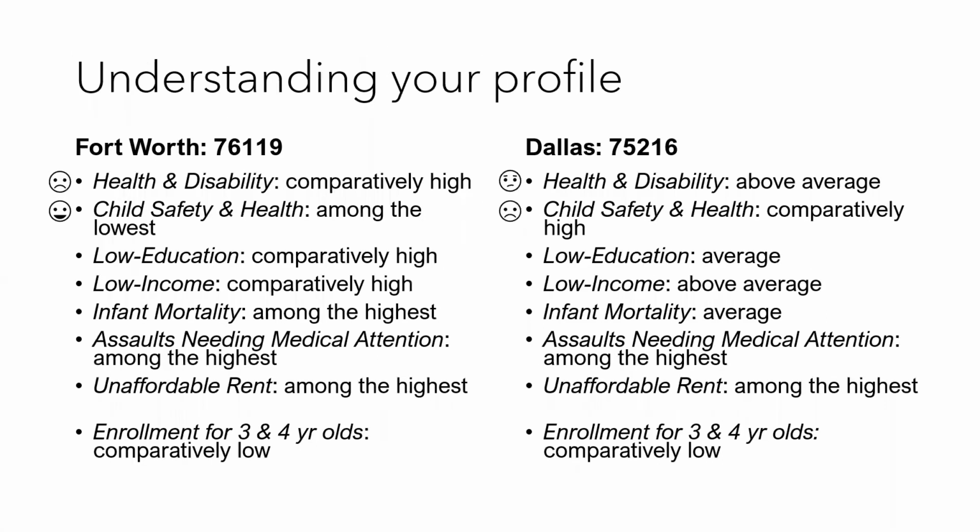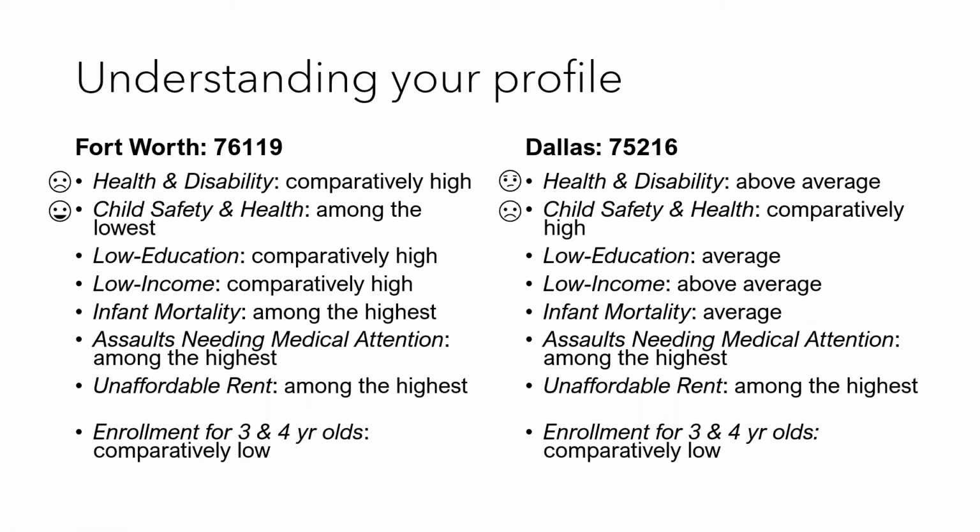And this profile is a good example of how you can look at the profile and start figuring out what the community assets are. For example, in Fort Worth, there seems to be a fantastic community asset surrounding health literacy around safety and health among children. This asset could be utilized to help address some of the other drivers of maltreatment that are seen within that particular community.